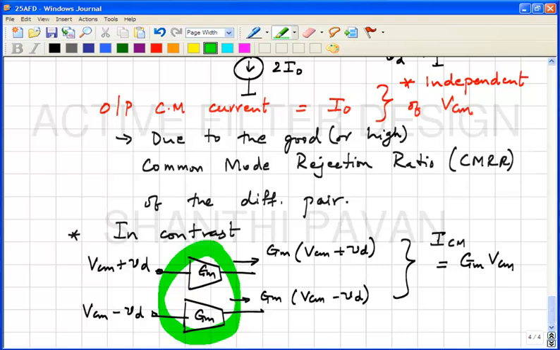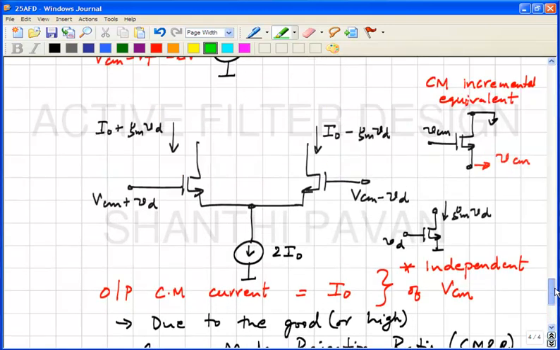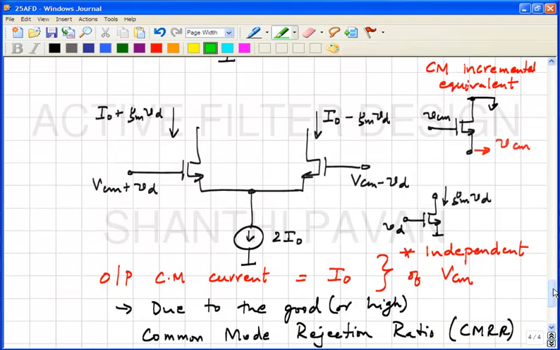Correct? Okay. Now, intuitively speaking, why is this happening? Whereas in the differential pair, we see that the common mode is rejected. Correct? In other words, the common mode component of the output current is 0, or rather is constant. It does not depend on VCM at all.